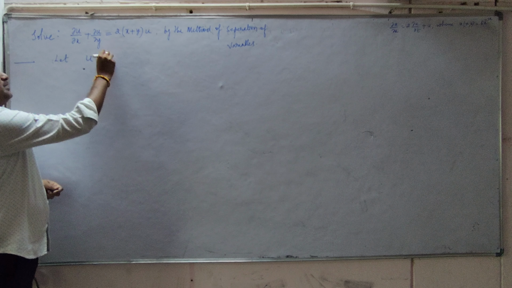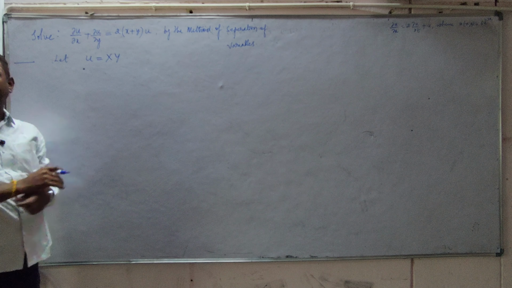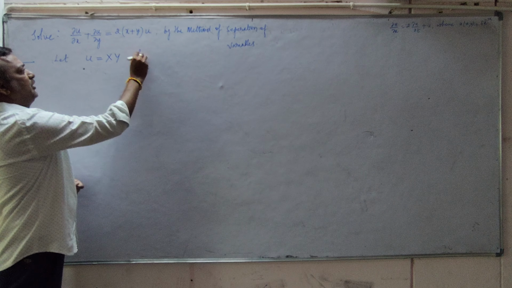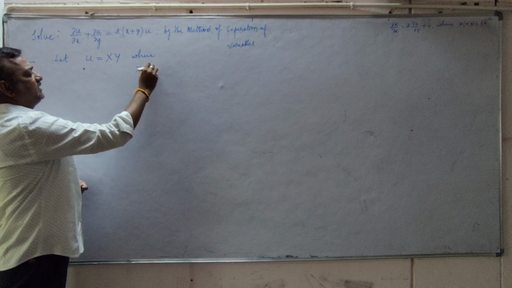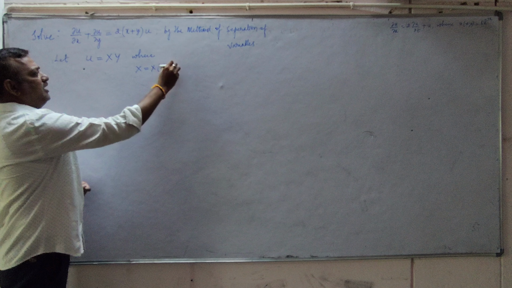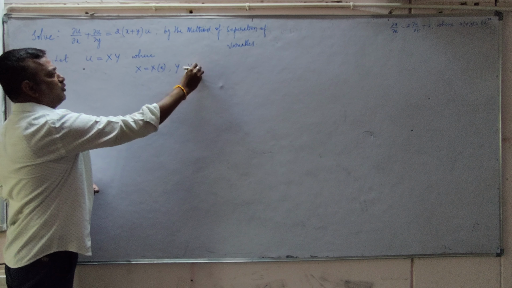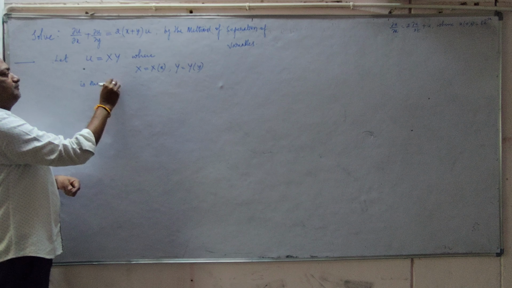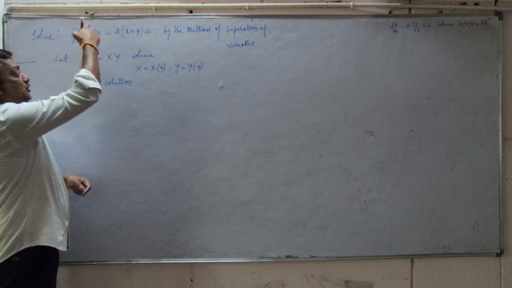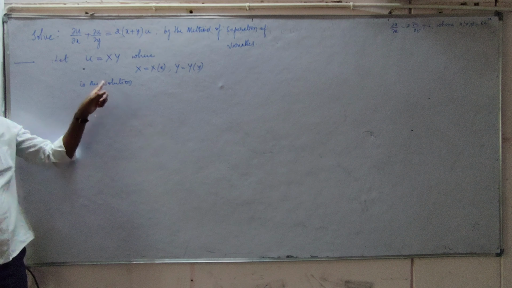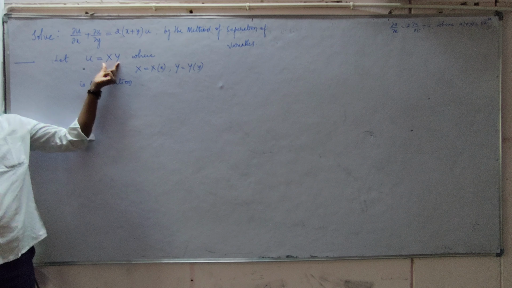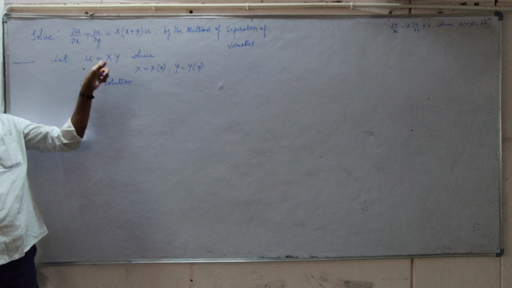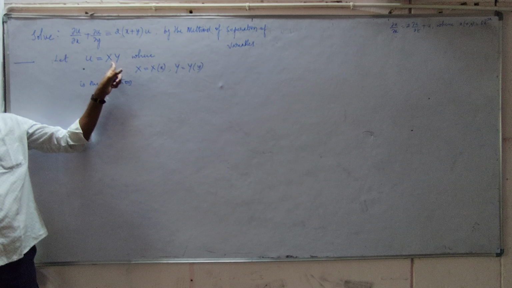We write u is equal to capital X into capital Y, where capital X is the function of small x and capital Y is the function of small y, is the solution of the given PDE by using the method of separation of variables. Our aim is to find the value of capital X and capital Y and substitute in this equation. You will get a solution.